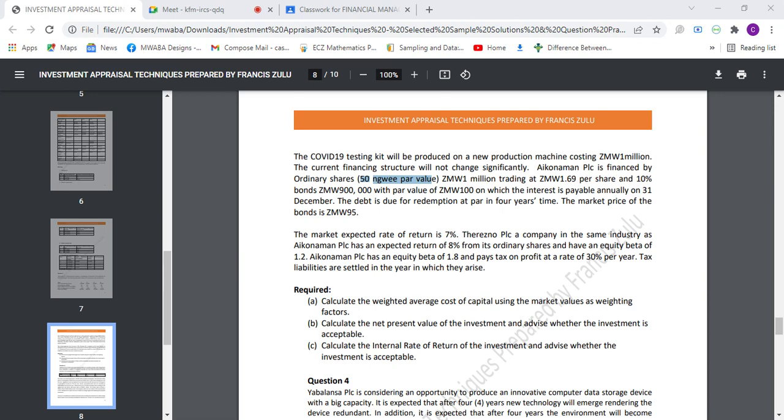If there are also preference shares, always start with this. Because remember in the formula for WACC, you have VE over V, V being VE plus VD. So that's the first part you have to find.